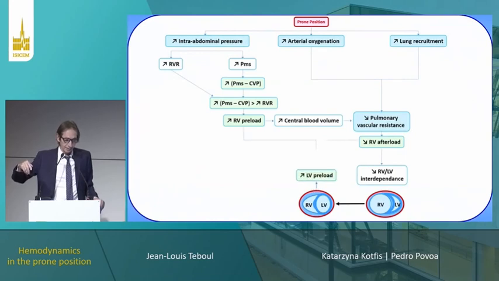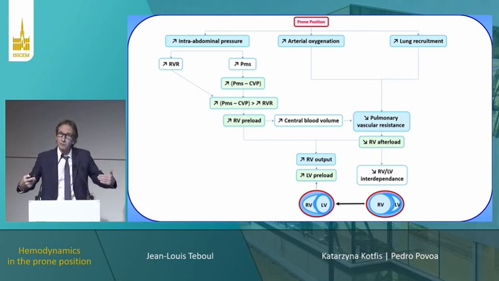This should increase LV preload. At the same time, the improvement in RV preload should result in an increase in RV output, and also the reduction in RV afterload, and this also should increase LV preload.